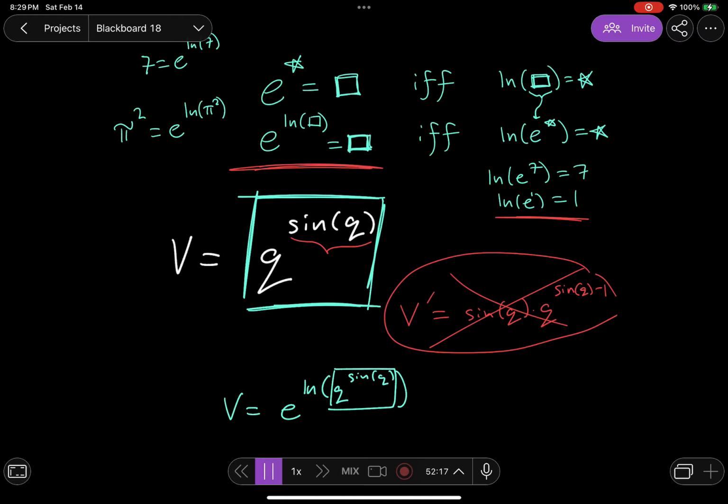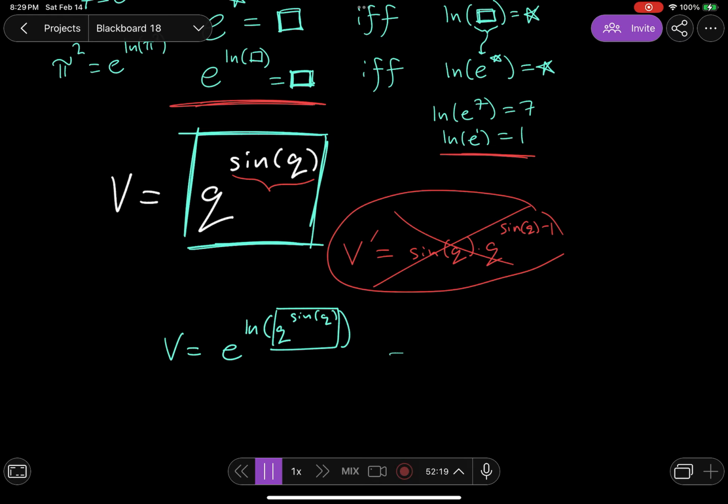But I know my log rules, and this sine of q can come out of the logarithm. So this is the same thing as e to the sine of q times the natural log of q.